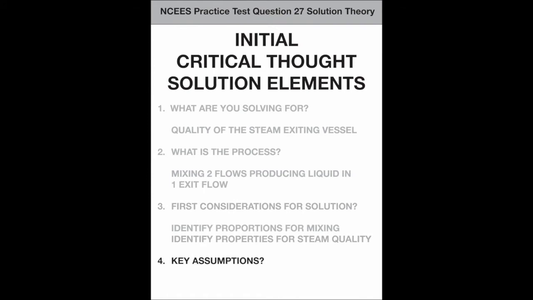Are there key assumptions? That the process is perfectly adiabatic, and because of this, there is no loss of energy or mass. All energy and mass must be accounted for, and nothing simply disappears. What goes in must balance with what comes out.